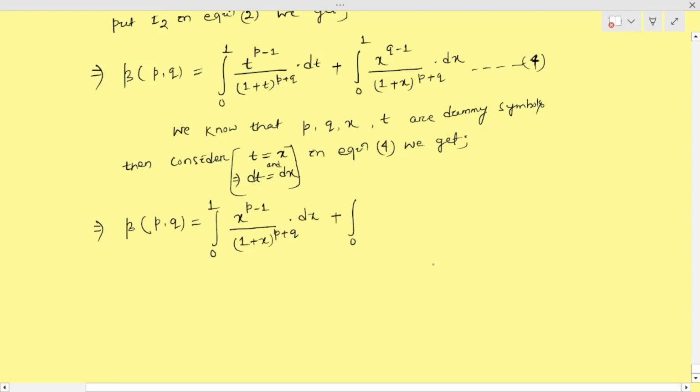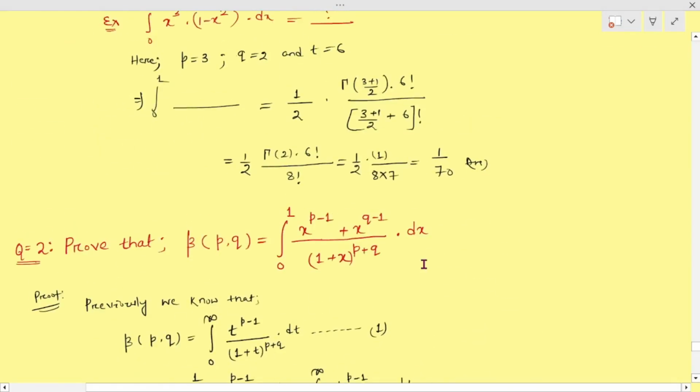Plus 0 to 1 x to the power q minus 1 by 1 plus x to the power p plus q dx. Okay, I think we have proved it here.